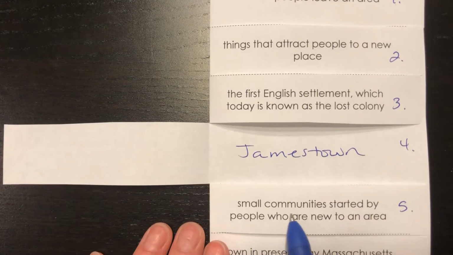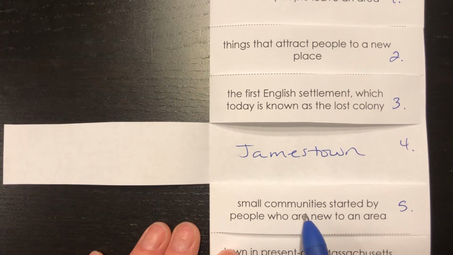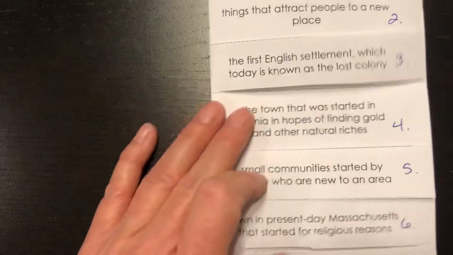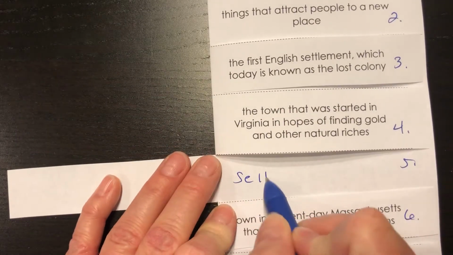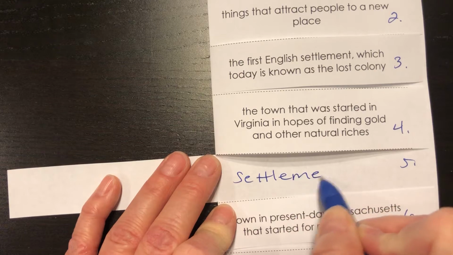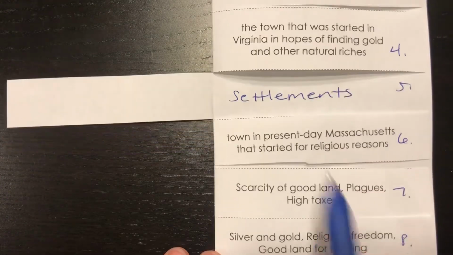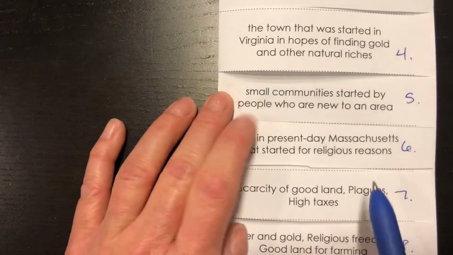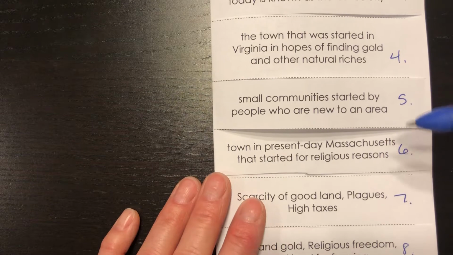Okay, small communities started by people who are new to an area. So these small communities are called settlements. So open up number 5. Settlements. Number 6, the town in present-day Massachusetts that started for religious reasons.